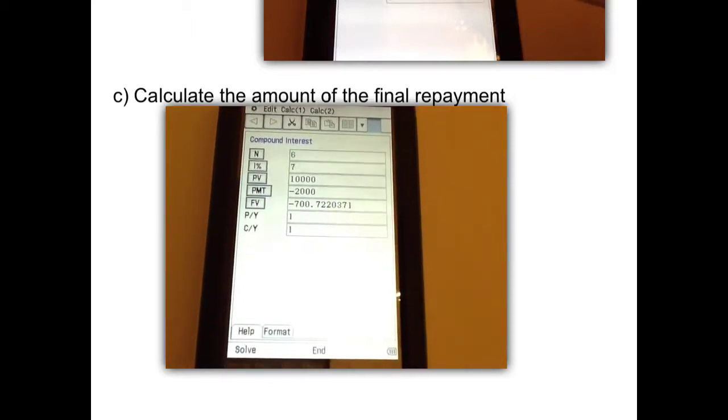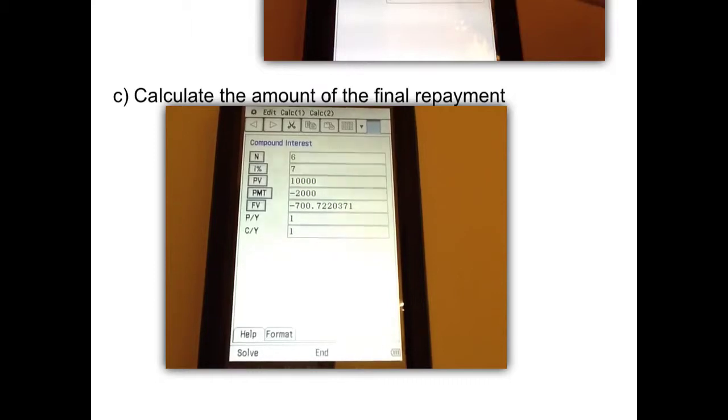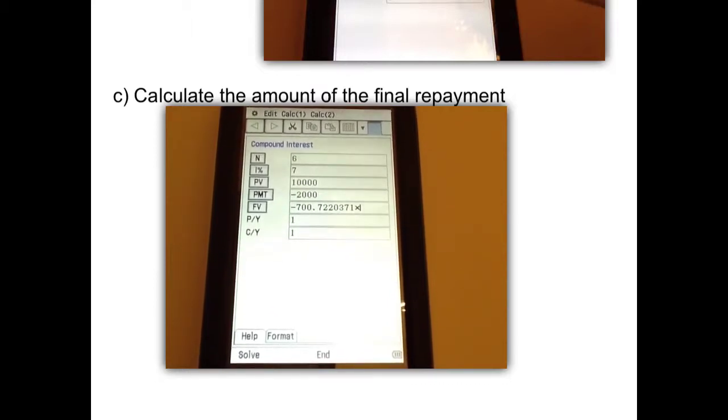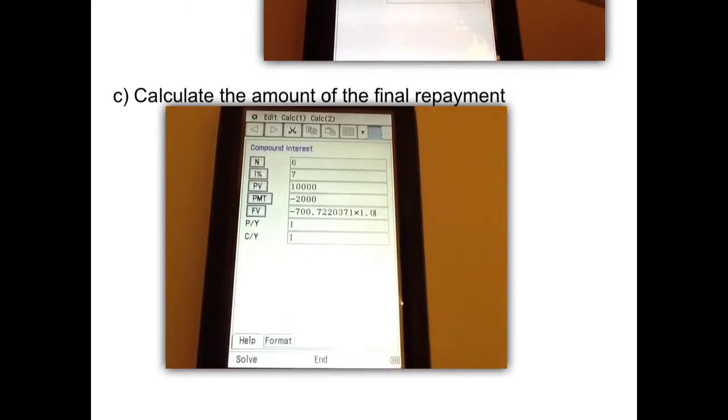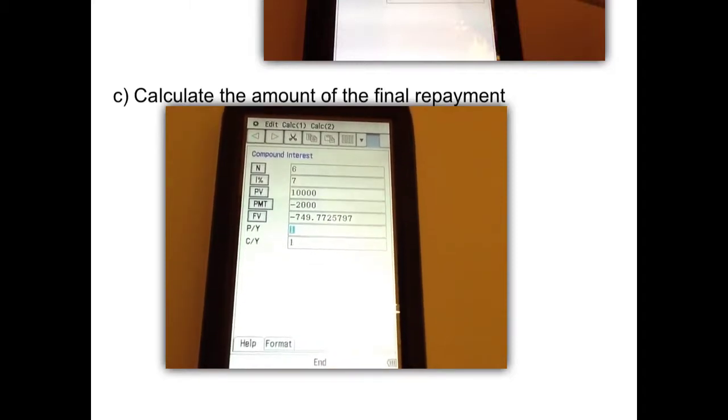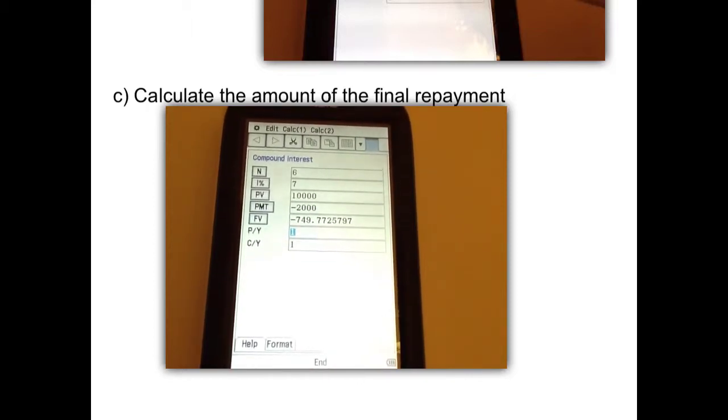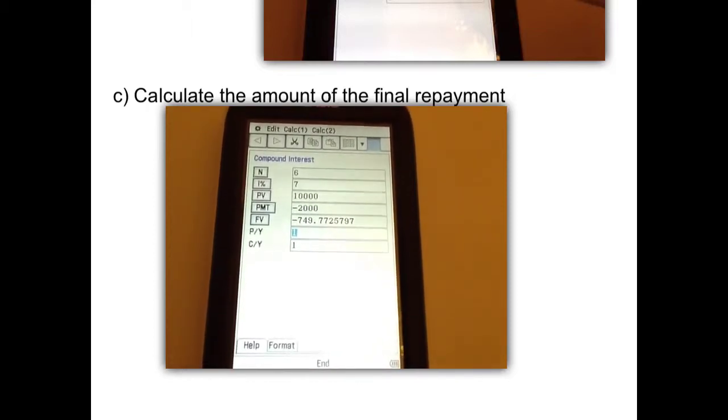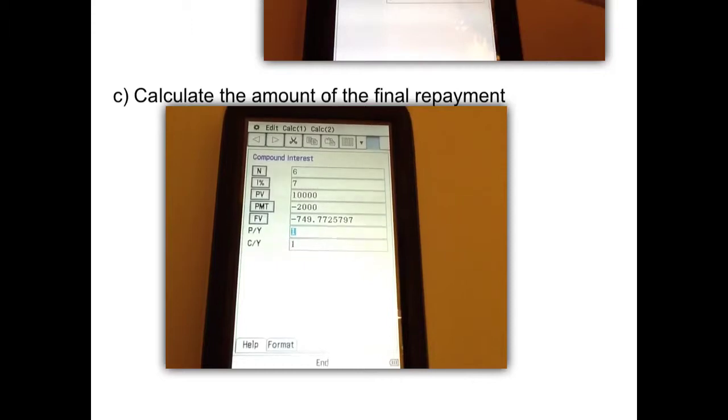We can actually just do this on our calculator, so we use the exact value. So in the FV box, we just times that value by 1.07 to give us $749.77, which is how much the final payment is.